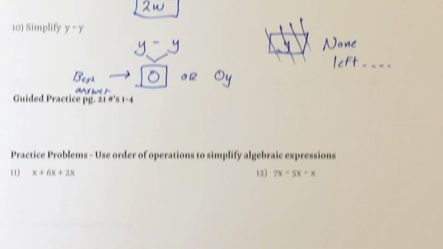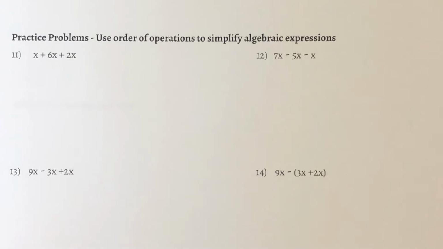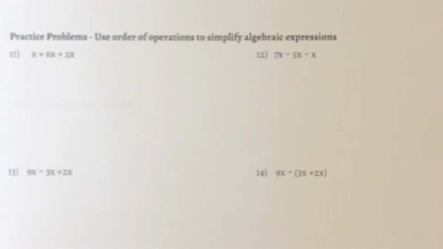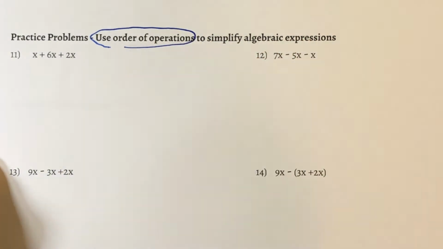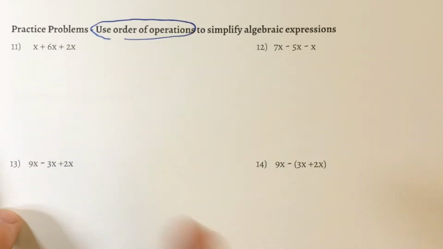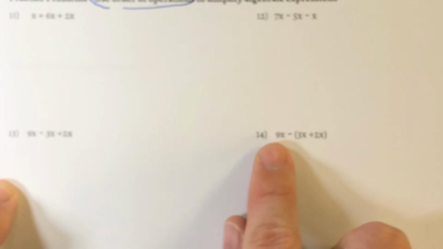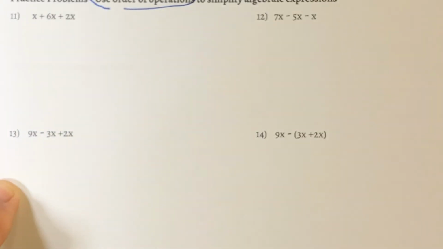All right. Now we're going to take our addition and subtraction and put it all together. We're going to use order of operations to simplify our algebraic expressions. So you'll notice we have multiple operations in here. We've got both addition and subtraction, and we have parentheses, and so forth.